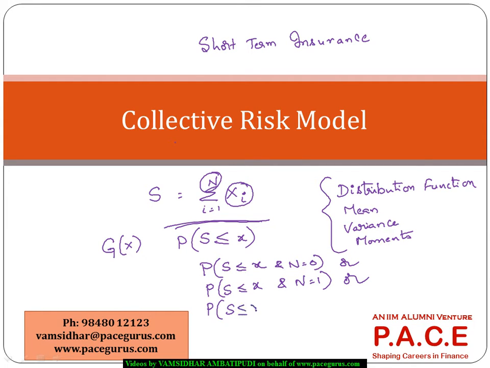Probability of S less than or equal to x and n equal to 2, two claims, but the total claim amount is less than or equal to x. Similarly, probability of S less than or equal to x and n equal to some r claims. Now what we could see is only one of these is bound to occur. They are all mutually exclusive as well as exhaustive.